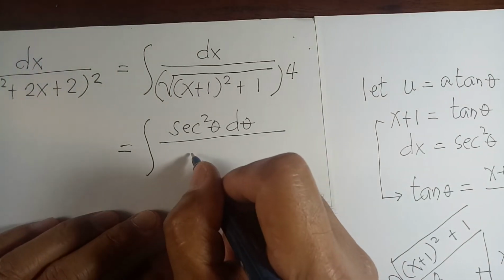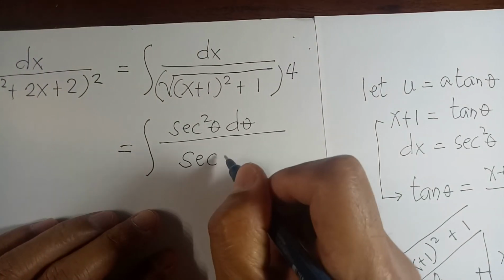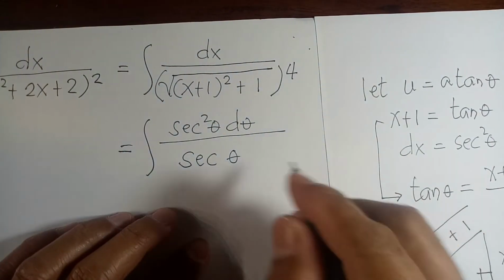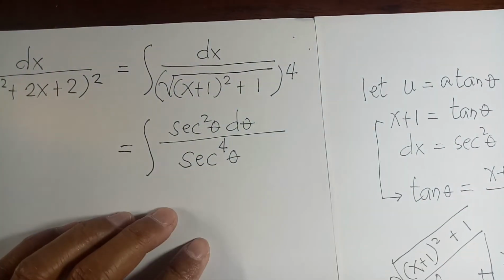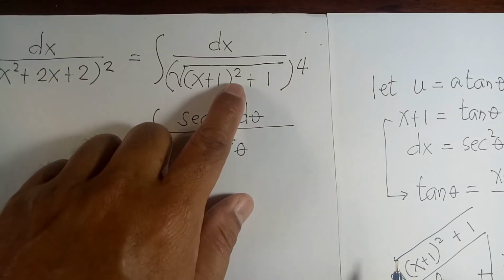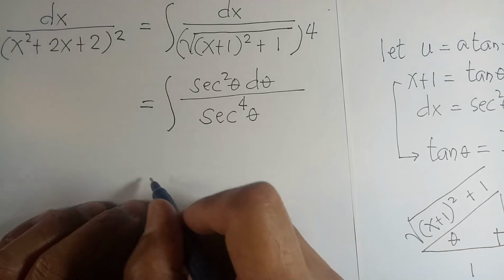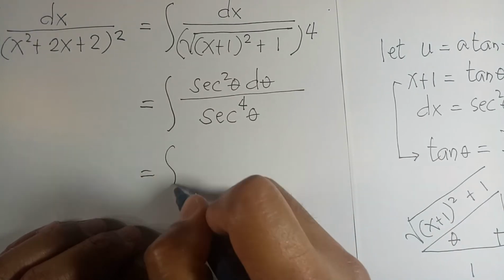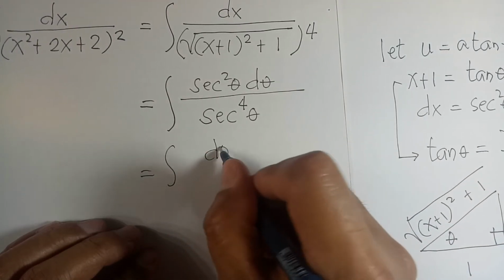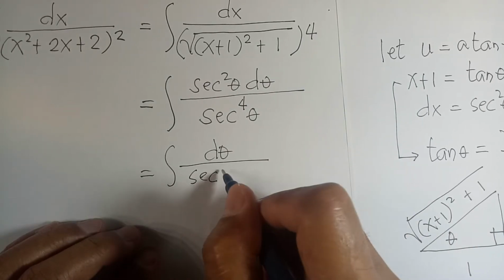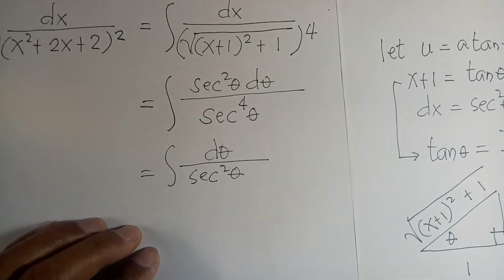So secant of theta, and then raised to 4. So cancel ngayon ang secant squared. So magiging integral of d theta divided by secant squared of theta. Okay.